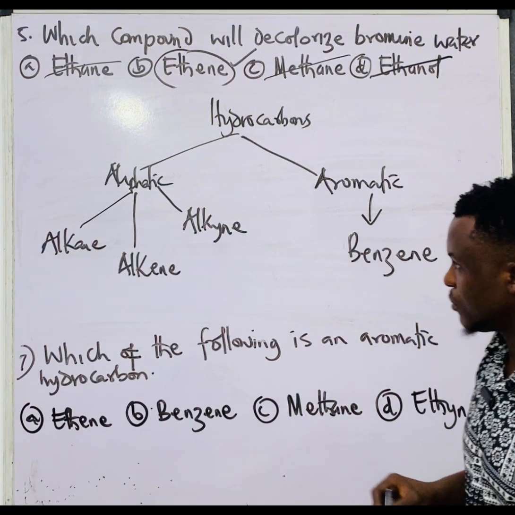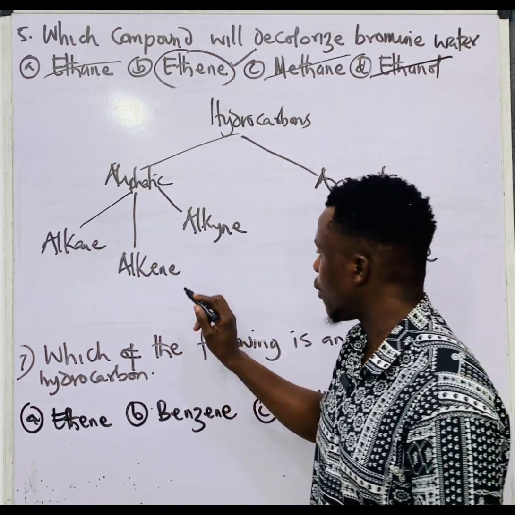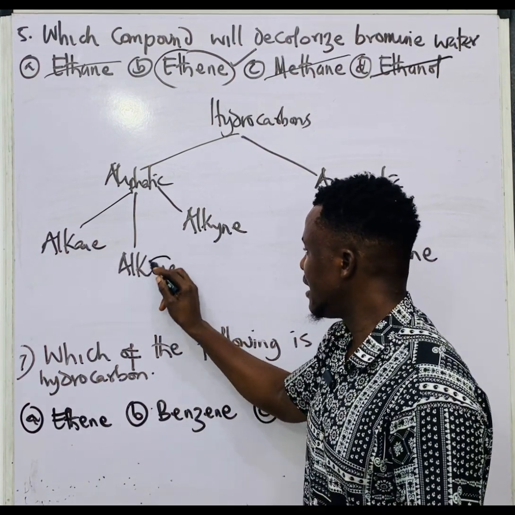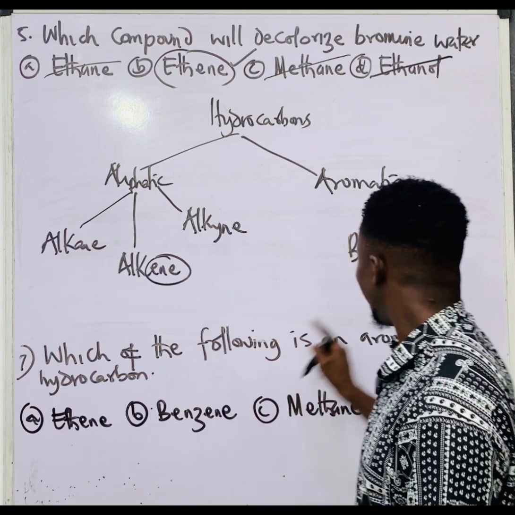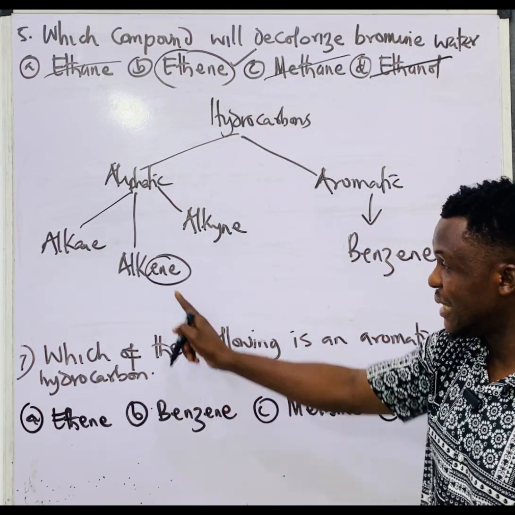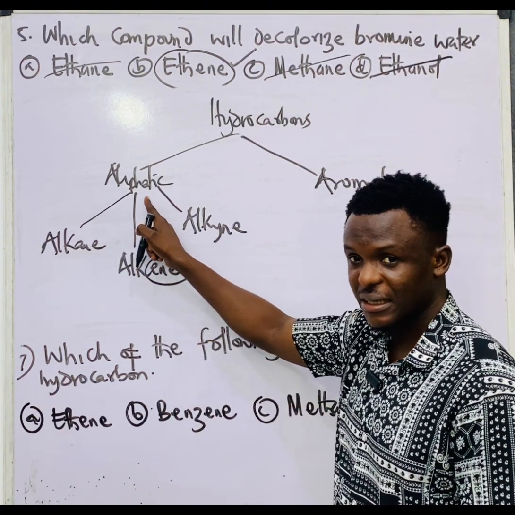So, if you look at this option, how will I know that a compound is an aliphatic? Class, anytime a compound ends with ene, and it's not benzene, automatically that is aliphatic.